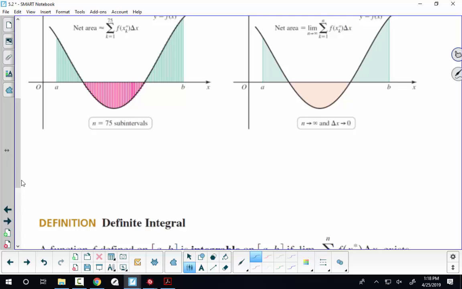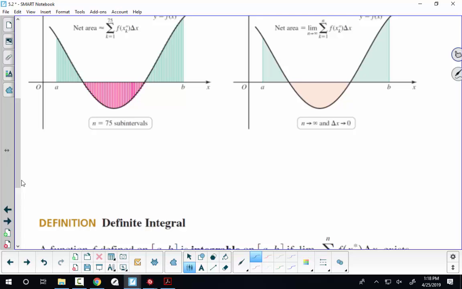They say the net area is exact as n approaches infinity and delta x approaches 0. That's just the flip side. Delta x represents the width of the base of each rectangle. If I put in an infinite number of rectangles, the width of the base has to go to 0, because to fit more and more in there, we have to make it smaller and smaller.